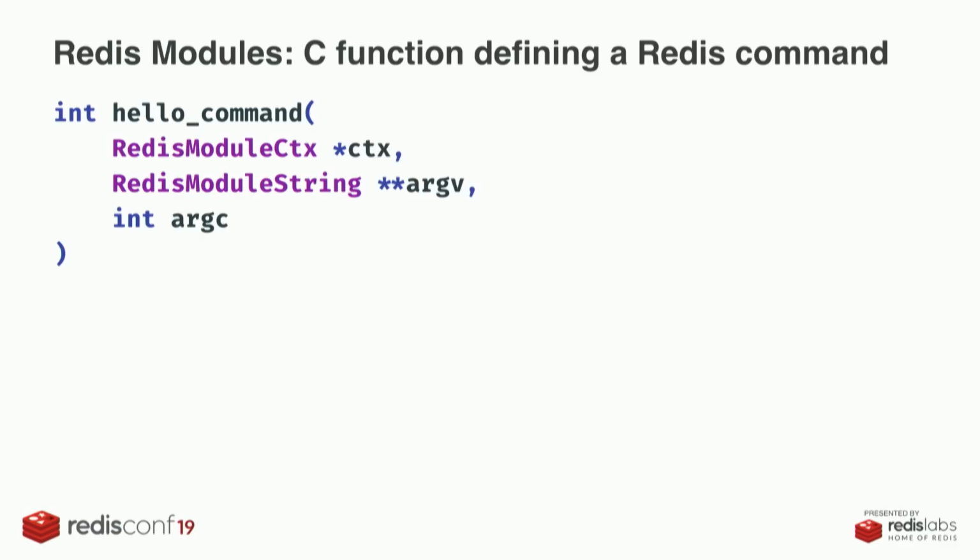Inside, Redis will pass a pointer to context, which we can use to get arguments and things like that. And then it passes a list of strings for the arguments that were passed to the command, and the length of the list.